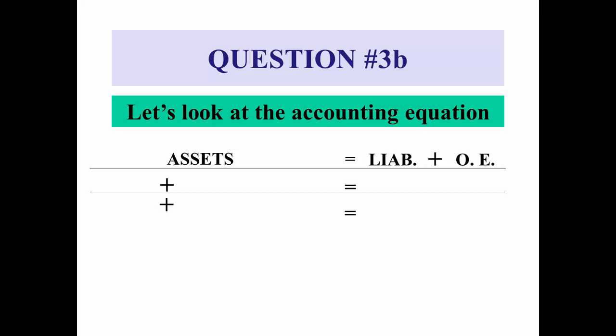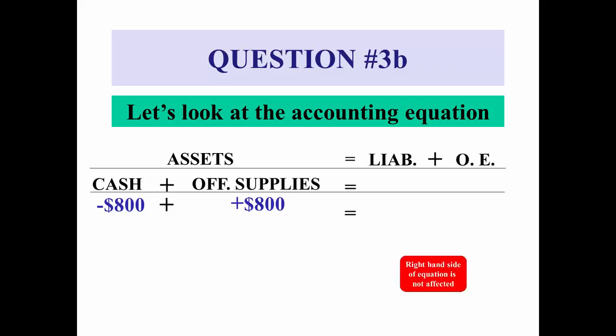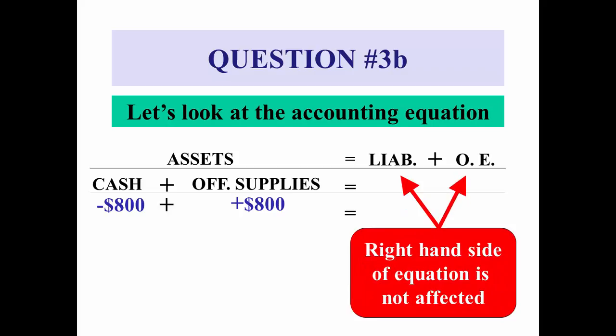Finally, we look and see if the accounting equation balances. So here we have minus a decrease of $800 in the cash, which is under assets. And we have an increase of $800 in the office supplies, which is also under the assets. Okay? The right-hand side of the equation is not affected at all.